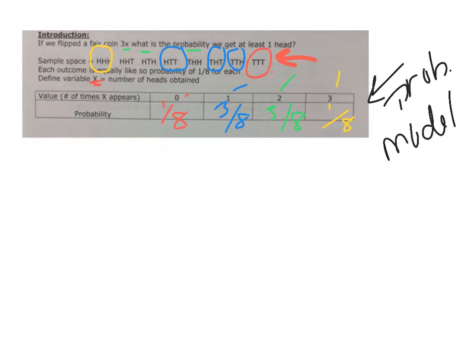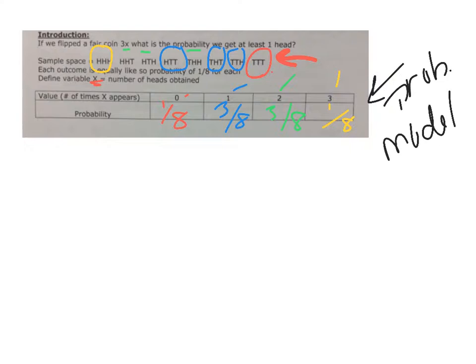Let's do a couple of reminders here of what we're looking at. First of all, is this a good probability model? Remember, a probability model describes all my possible outcomes of a chance process and the likelihood that these are going to occur. So this right here is my probability model. Does it describe all my possible outcomes? It does: 0, 1, 2, 3.